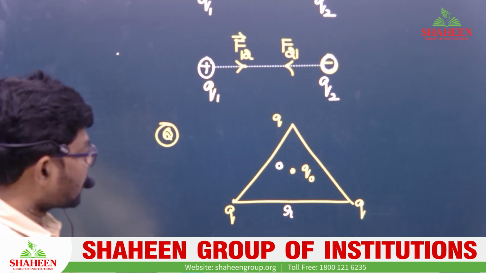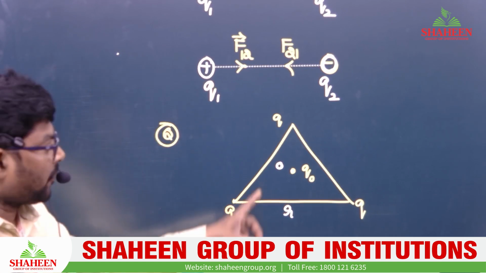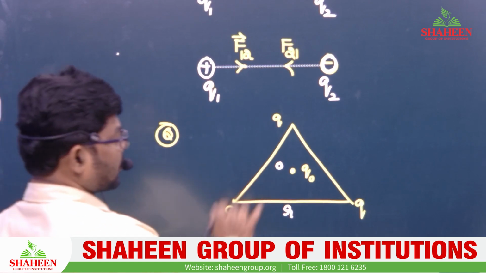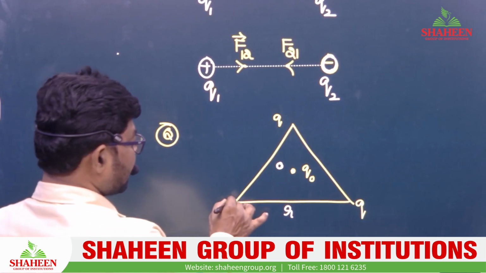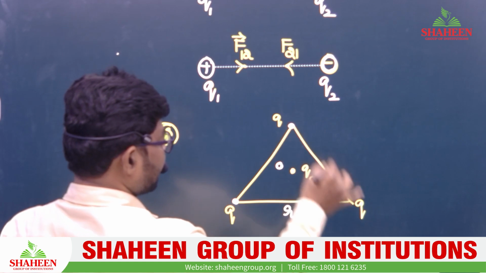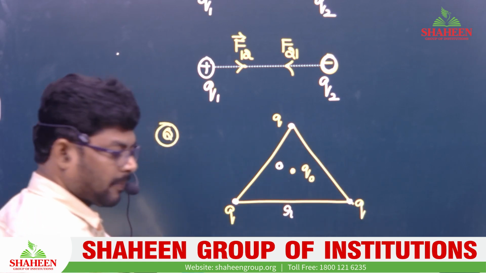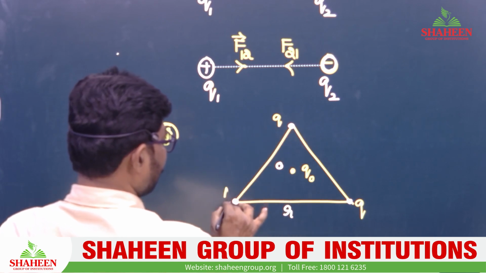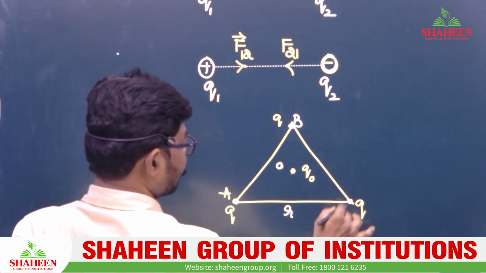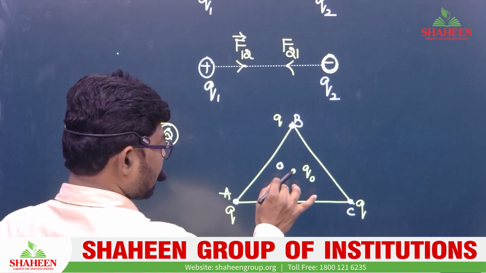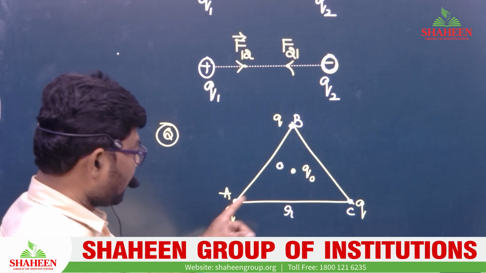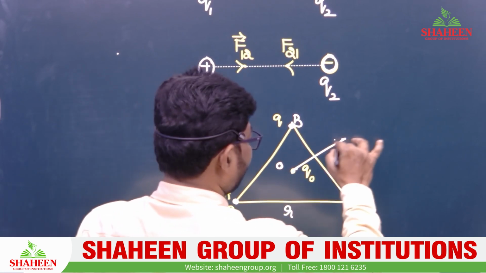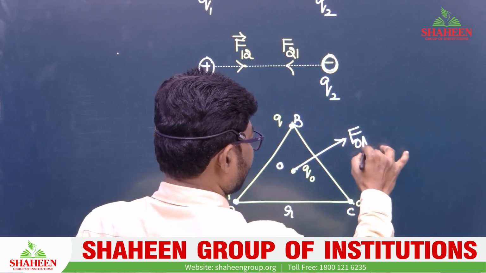What is the net force on the centroid? So we have to find out the net force on the centroid. Do you want to find out ये चार्ज के वजह से, A चार्ज के वजह से और B, C? Let us call them A, B and C. Force on O due to A, दोनों like charges, so away.